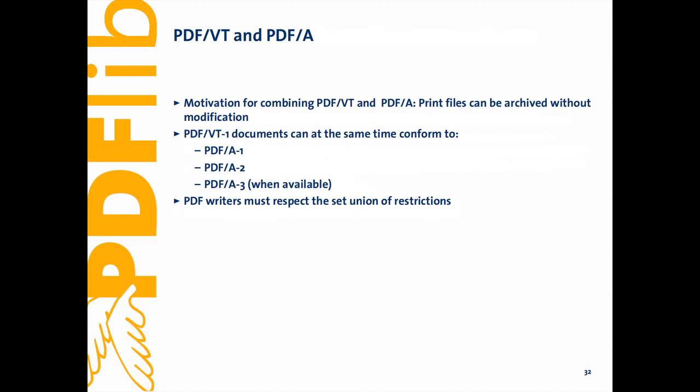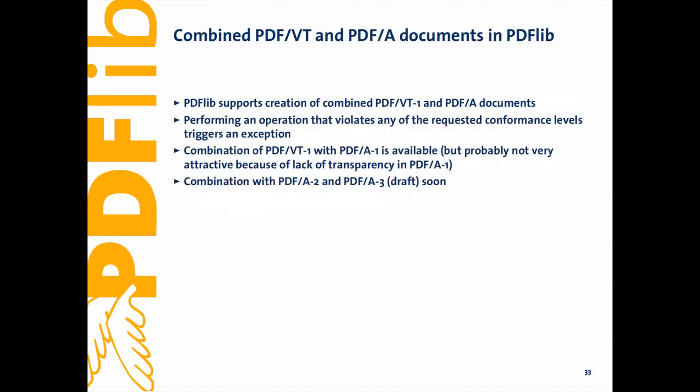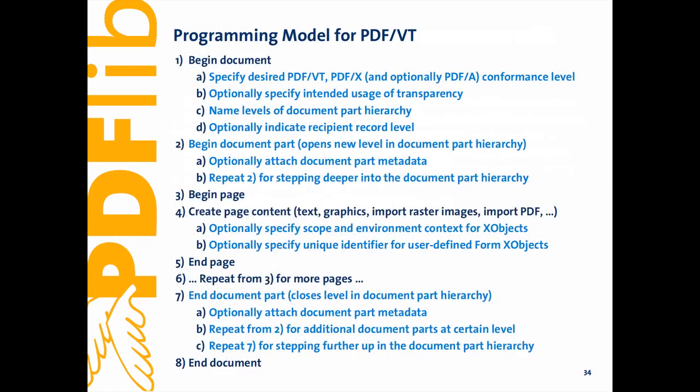He must respect the union of restrictions that are imposed on the file from PDF/VT and from PDF/A. Otherwise, he will get an exception. So we support this at the moment for PDF/VT-1 and PDF/A-1, the other PDF/A levels are coming. The user will get an exception if he violates any of the restrictions. The current support might not be super attractive at the moment because PDF/A-1 does not allow transparency, so you cannot use all the features of PDF/VT-1.